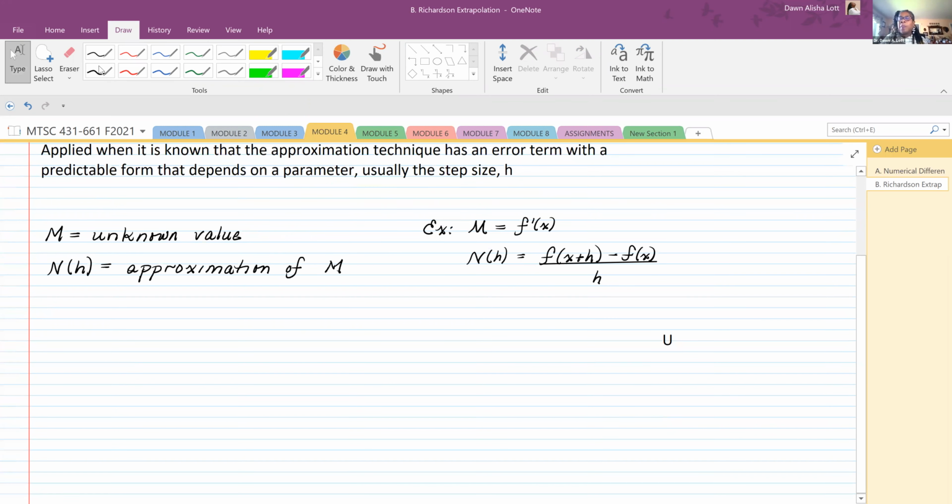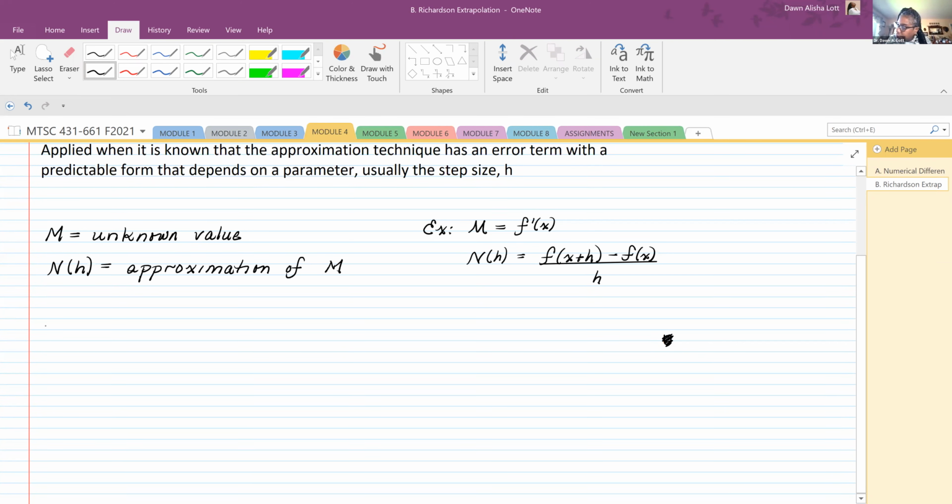Okay, so we already know that M has error. Whenever I approximate f prime by f at x plus h minus f at x all over h, I get a bunch of error terms.